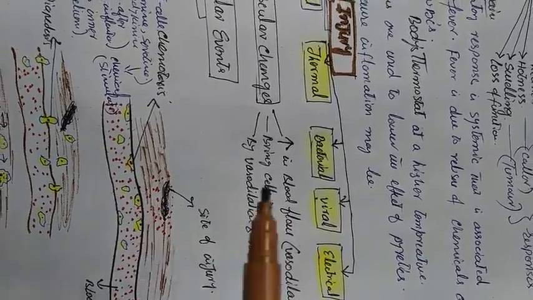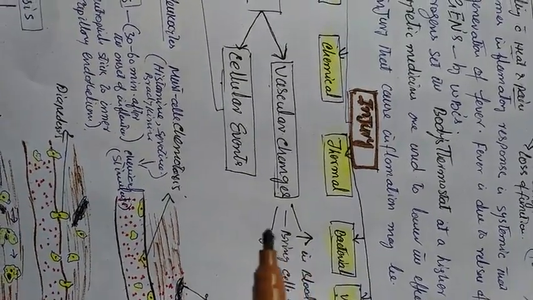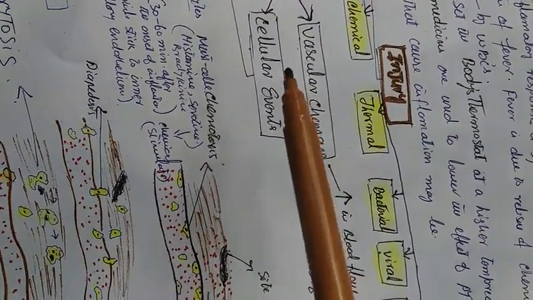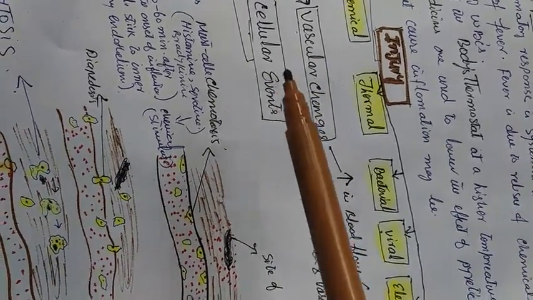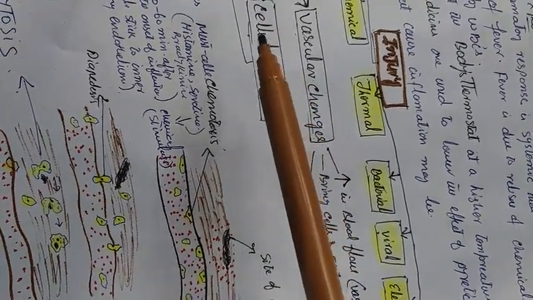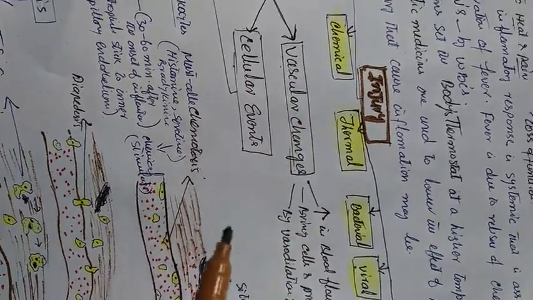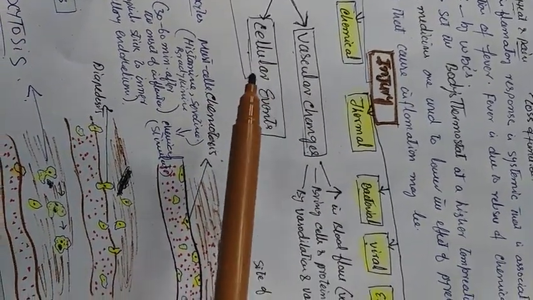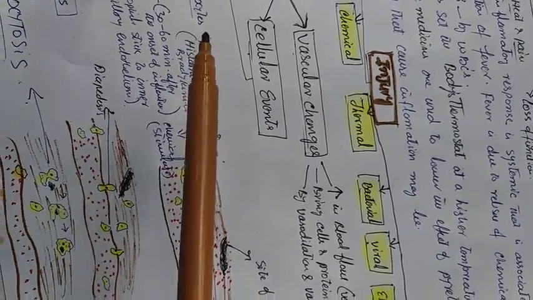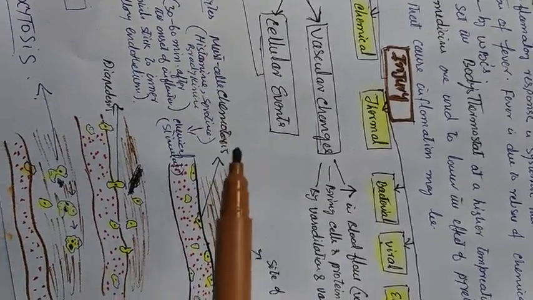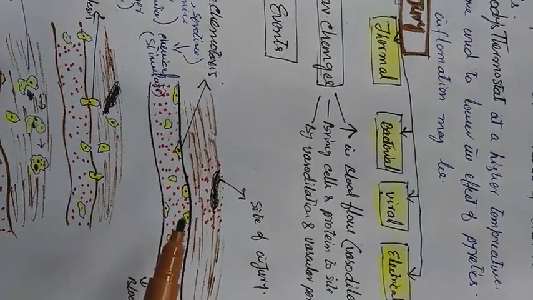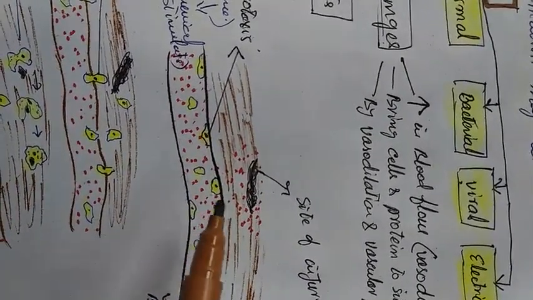The second event caused in this inflammation is the cellular events. In cellular events, what happens? The first step which takes place is known as chemotaxis. This chemotaxis means the adhering of white blood cells to the inner walls of the endothelium, as is seen in this sketch.